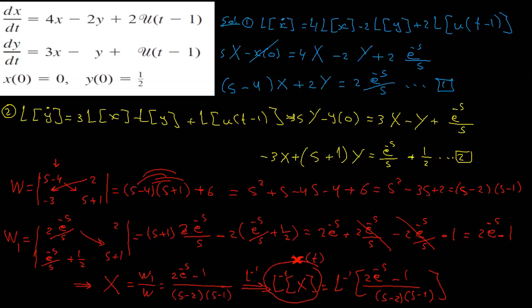Maybe one student will say, Professor, after finding x small of t in the next slide, we found x small of t. You can plug in x of t here, or maybe x here. Plug it here, or plug it in here, no problem for me. Let me plug in here x of t.